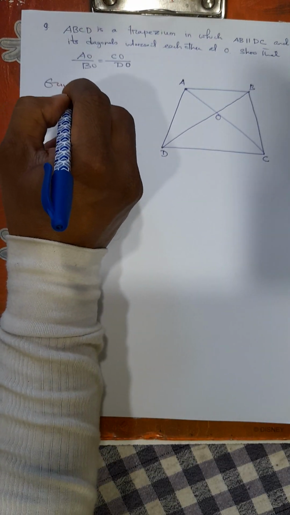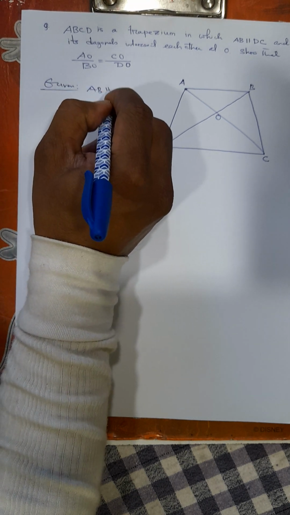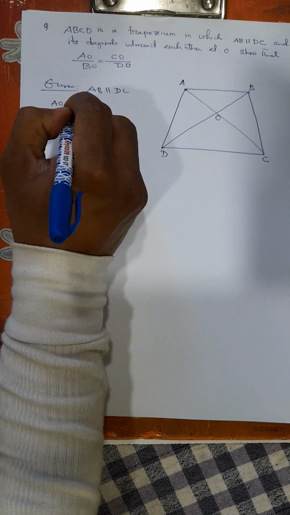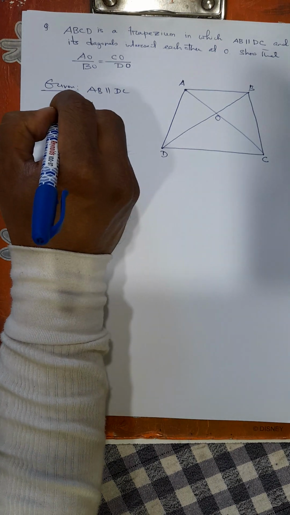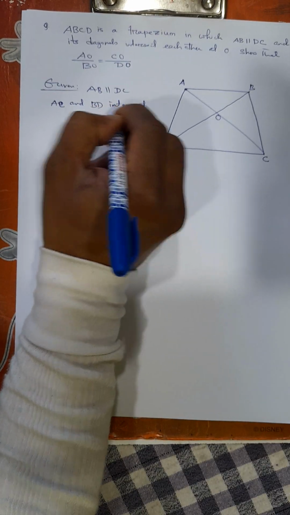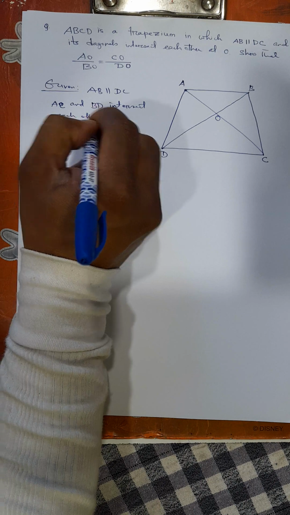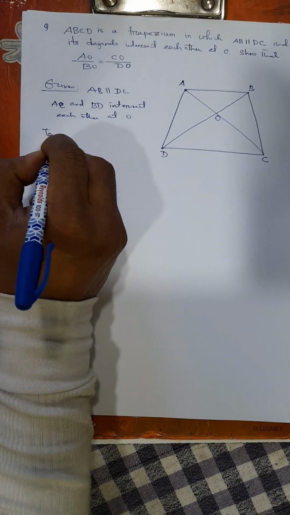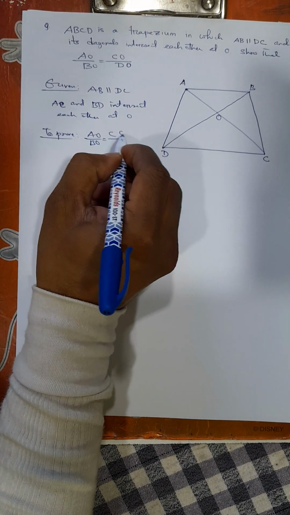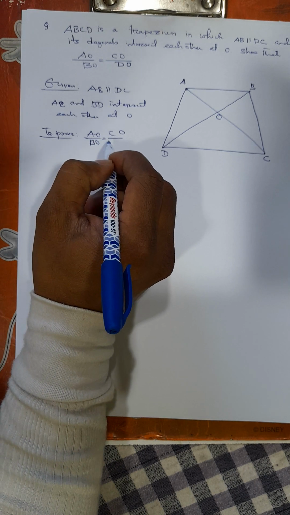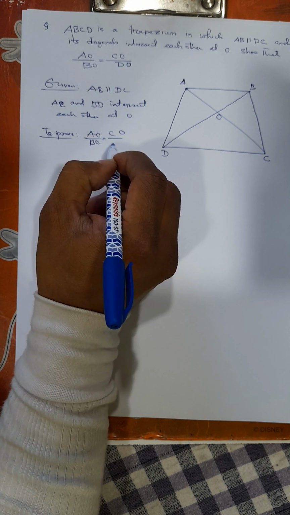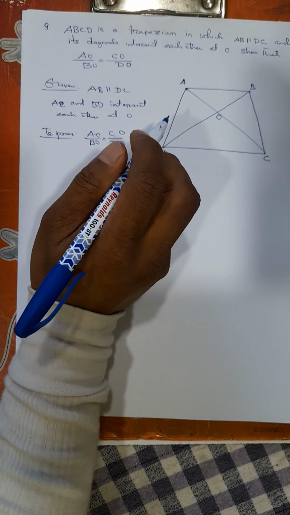So given that AB is parallel to DC, AC and BD intersect each other at O. Now we have to prove that AO by BO equals CO by DO, right?